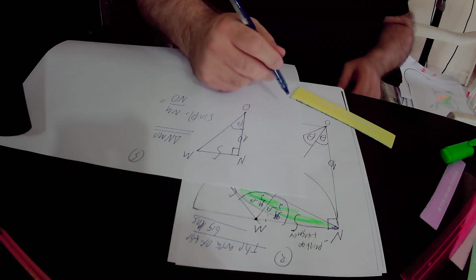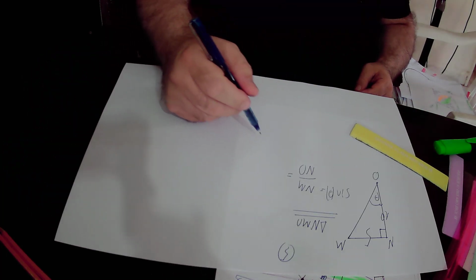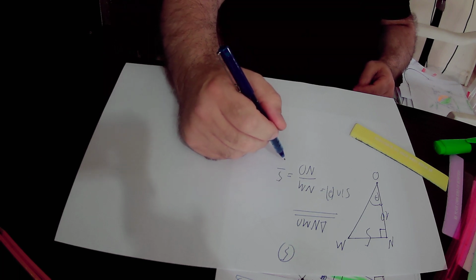You can see it from this drawing. So NM equals 5 units, NO equals 10 units.